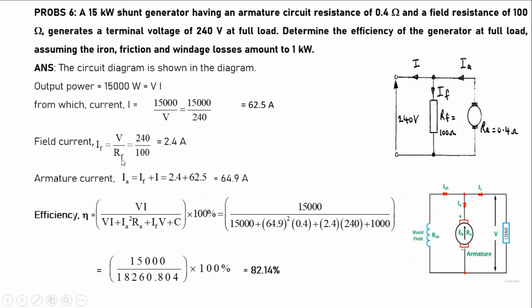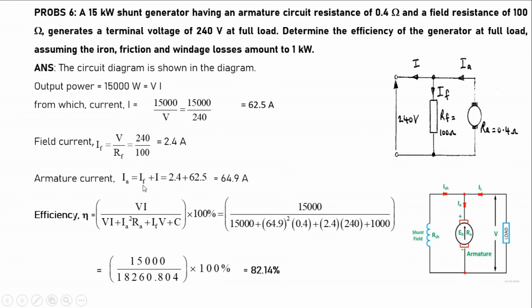We can find ISH as V by RSH. V is the terminal voltage, 240 volts, divided by shunt field resistance, 100 ohm, and we get 2.4 amps.